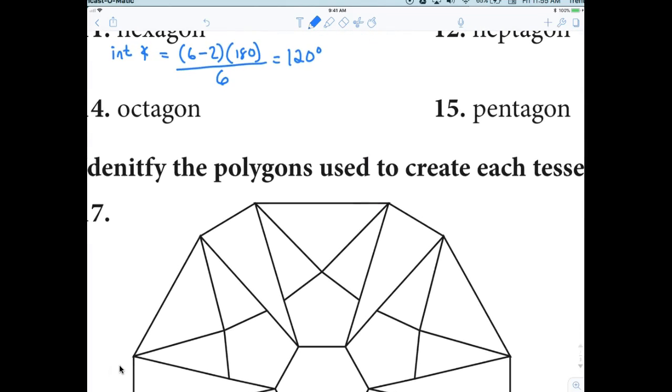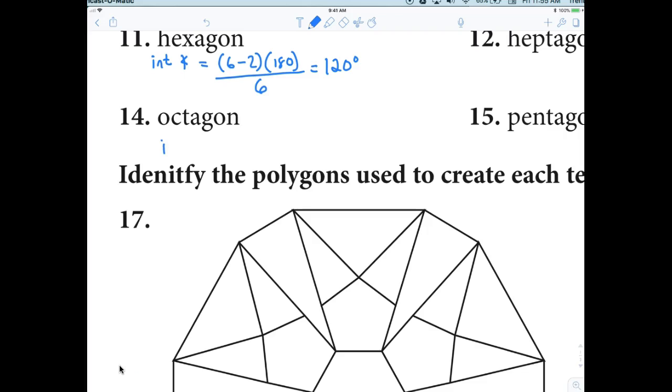Octagon. All right. Colin, you tell me what to do for an octagon. How many sides is an octagon? 8. Thank you.